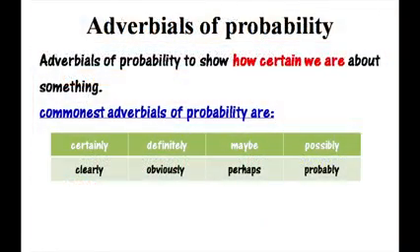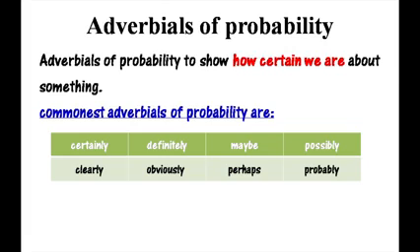Children, lastly we have the adverbials of probability. What is probability? Probability shows you how certain an action is to take place. That is, how certain we are about something. So here I have the commonest adverbials of probability which we usually use.